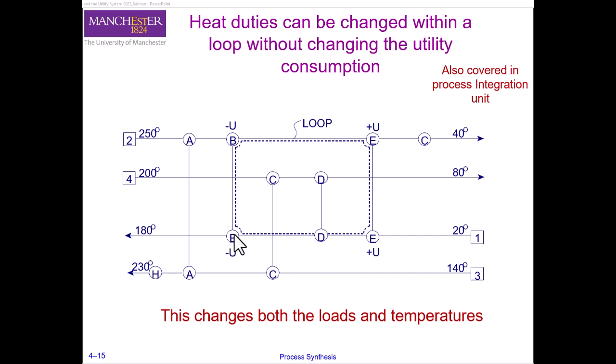And if we are reducing heat on this stream, then we have to increase heat on this exchanger because we need to keep the heat balanced for the final target temperature, that is 180. So we have to have a heat balance. If we are reducing here by minus U, we have to increase on this exchanger by plus U, and if we are increasing here, then we have to increase the heat duty on this stream as well.